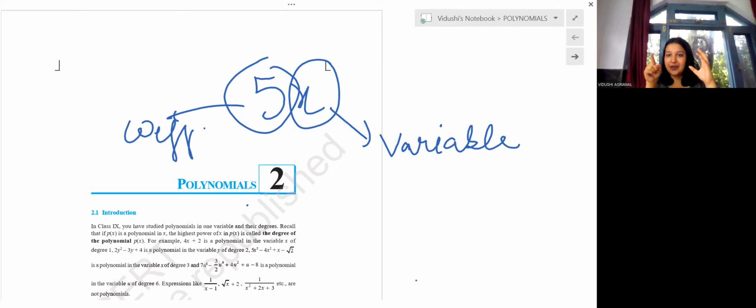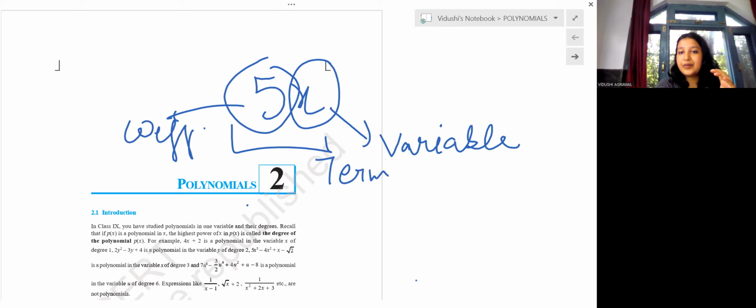Coefficient of this variable, which is x. And when we combine this coefficient and variable together, we get a term, T-E-R-M. So in polynomials, you are having only one variable, that is only one alphabet is there. So here we are having this variable as x.